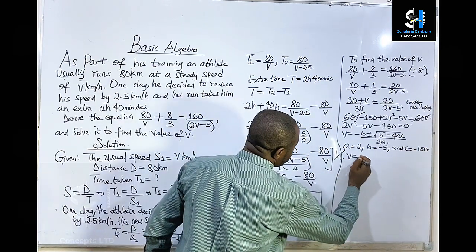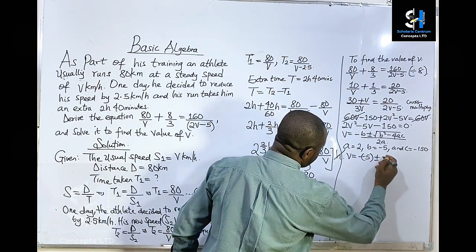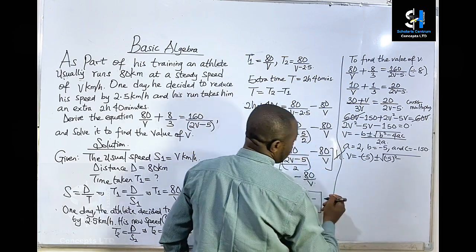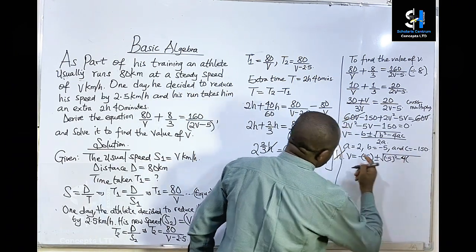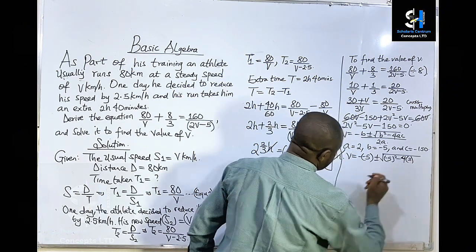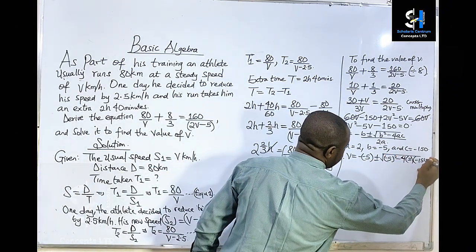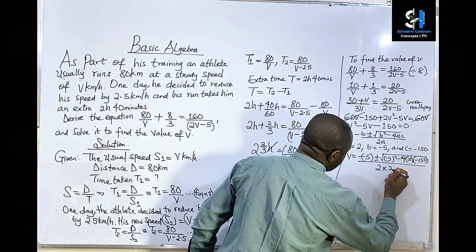So we have V equals to minus -5 plus or minus the square root of minus 5 squared, minus 4 times a. A is what? 2. Then multiply by minus 150. So all over 2 times 2.